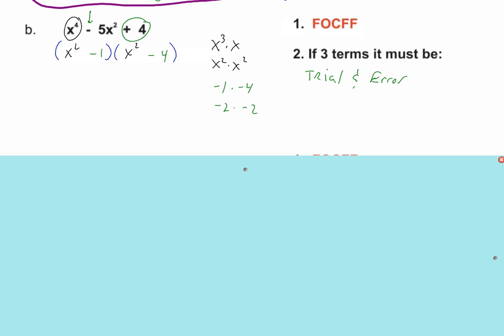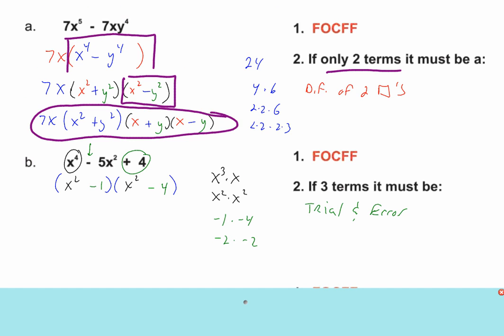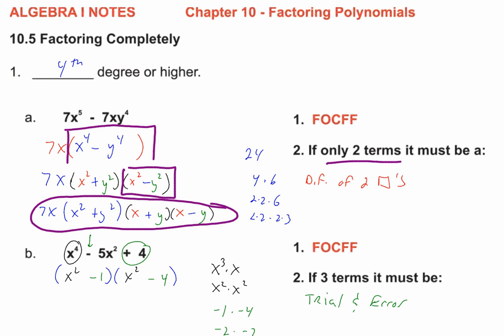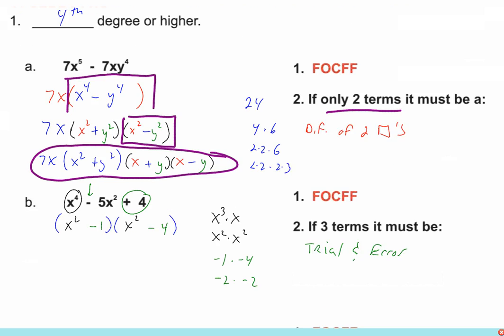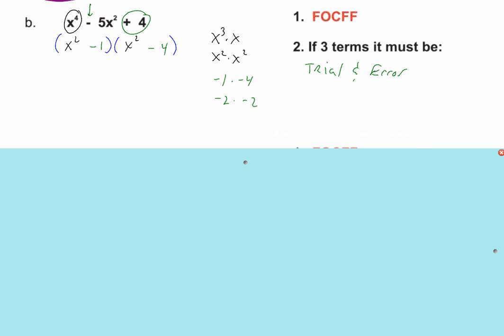The only way binomials factor, apart from taking out common factors, is if it's a difference of two squares. Back at number 1, we said that once you take out common factors, if it's a binomial, the only way it's going to factor is if it's a difference of two squares. So we're back to that again. This is a binomial.